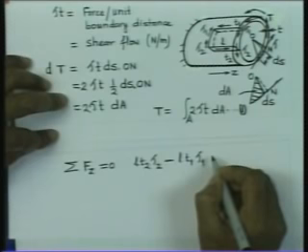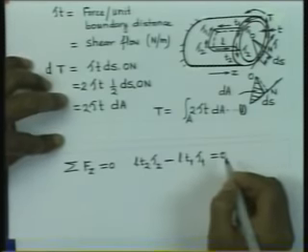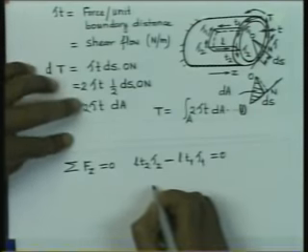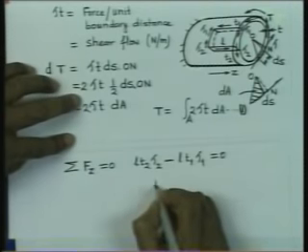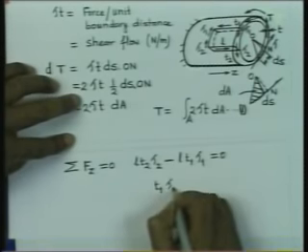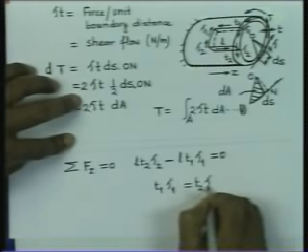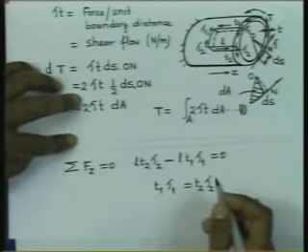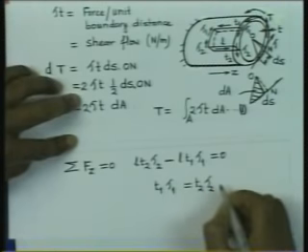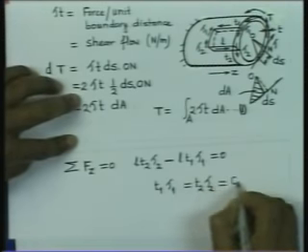So, these two must sum up to 0, and therefore, what it means is that T1 into tau 1 is equal to T2 into tau 2, this is a constant.